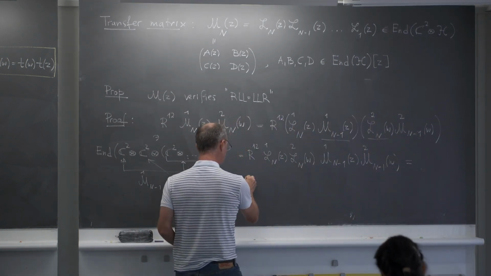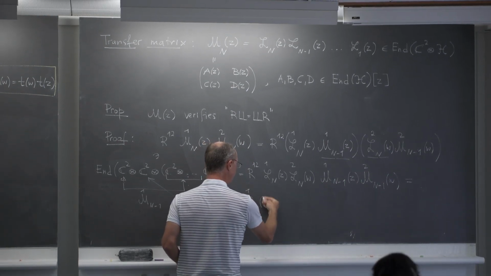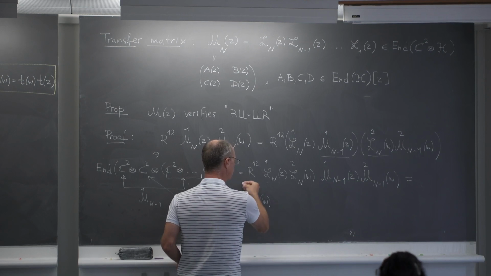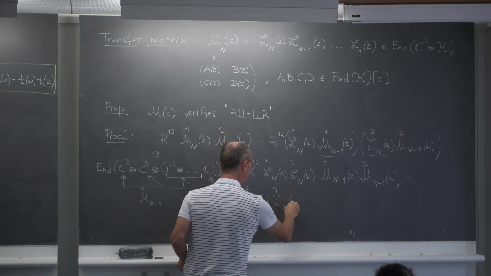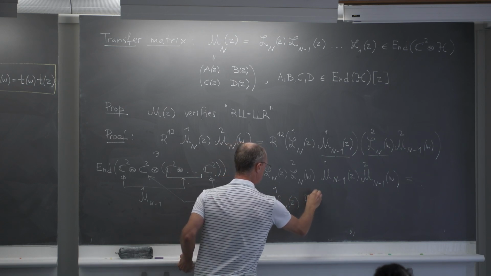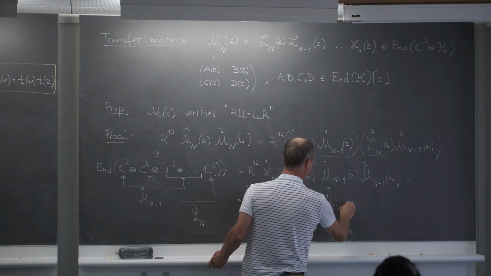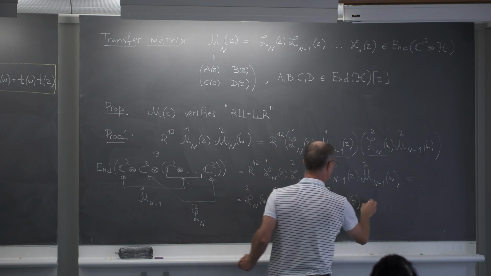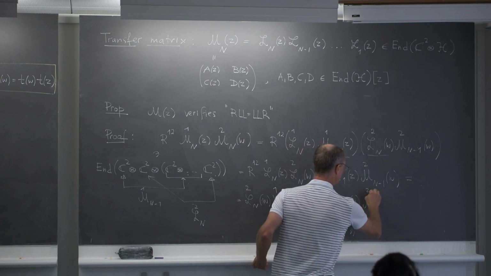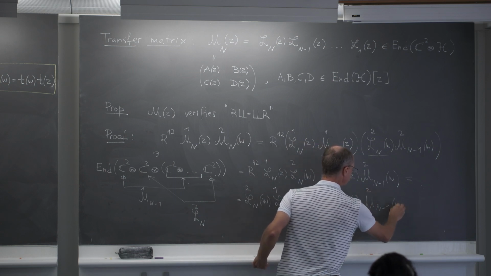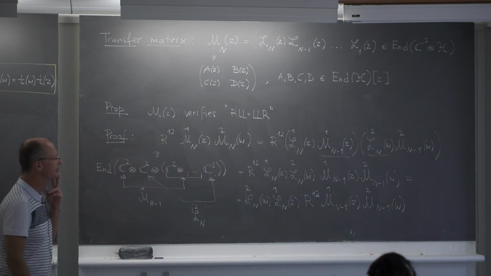And this gives us Ln1 of Z, of W, Ln2 of W, Ln1 of Z, R12, L1, N1, M1 and minus 1 of Z, M2, and minus 1 of W. But now see the magic of the story.